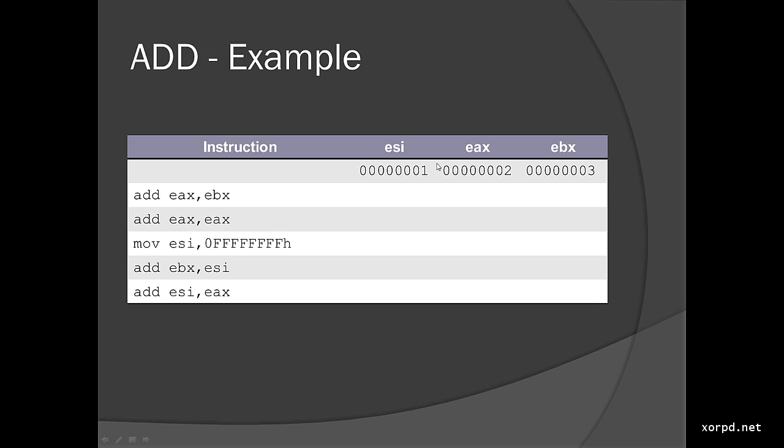If there were question marks here, the result of add EAX, EBX will be mostly unknown. It will be also a question mark. So we are going to try to add EAX and EBX. Actually, that means 2 plus 3, which is going to be 5, and it is stored inside EAX.